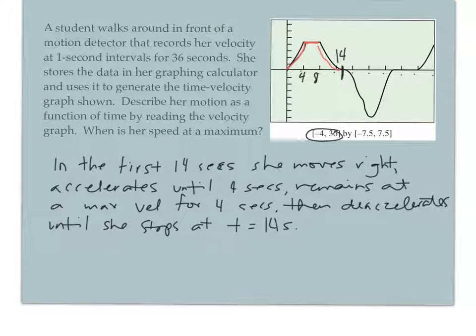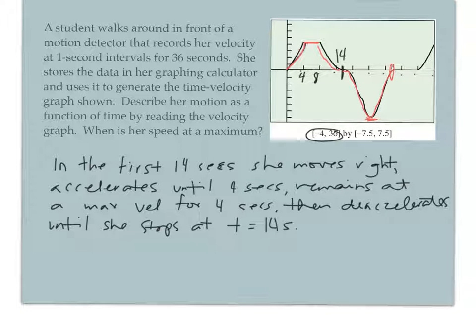So she stops at t equals 14, then what does she do? She goes left. Is she getting faster or slower as she goes? She slowly gets faster. Down here, it's really low, so she's going really fast, and then she slows back down to here.